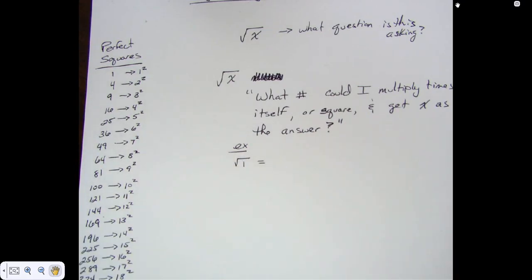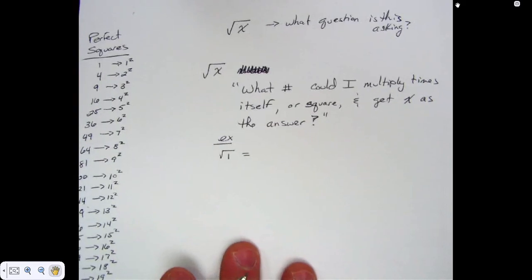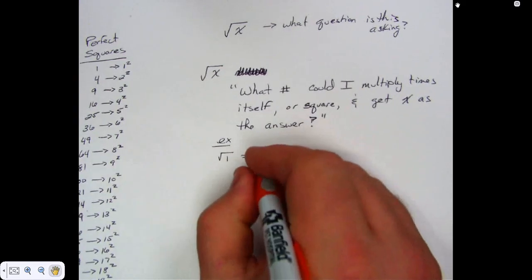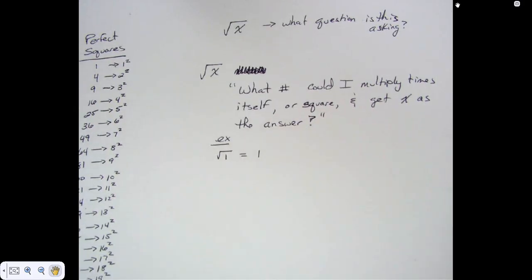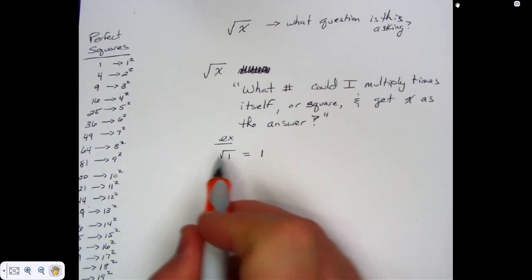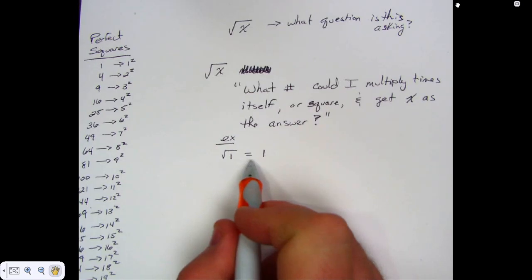What number could you multiply times itself and get 1 as an answer? 1 times 1 is 1. Now, as you notice, when I answer the question, I get rid of the thing asking the question, the square root sign. The square root of 1, the answer is 1.